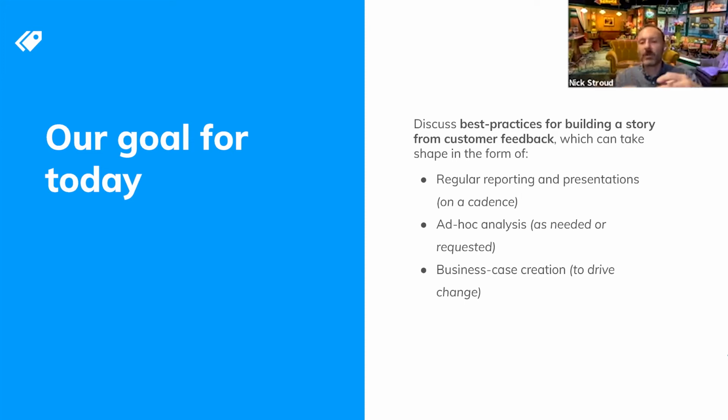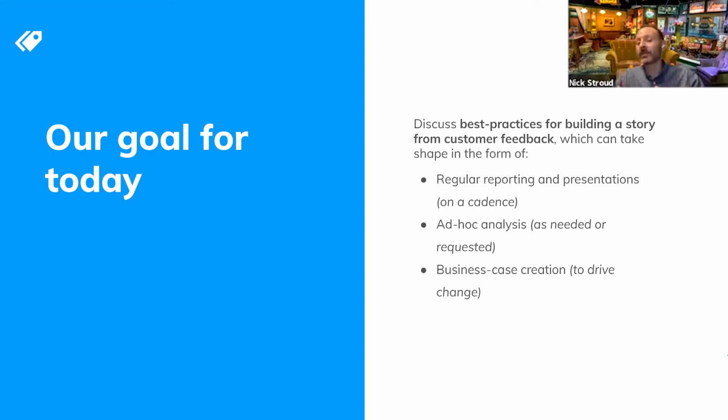When we talk about what a story is, there are a few different ways this commonly manifests itself in an organization. There's what we term cadence-based reporting: regular readouts and presentations that you're doing quarterly or monthly, very sequence-based.